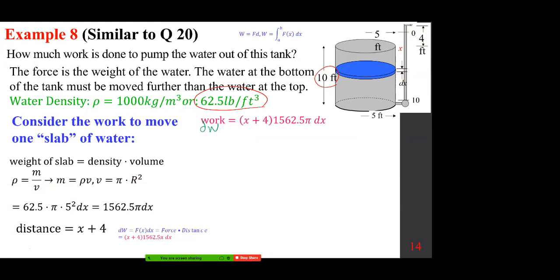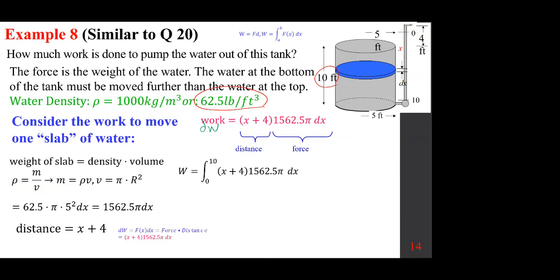And so work is the same thing. This is the distance, this is the force, and the work is from 0 to 10. The rest is easy. It's basic integration. I hope everybody is comfortable with all of this explanation; physics is the hardest part. I hope everybody is comfortable with that.